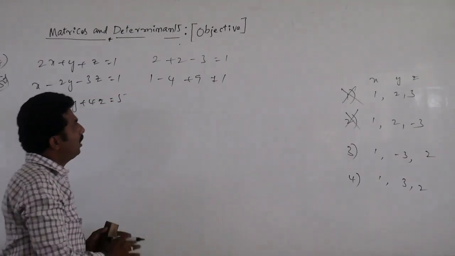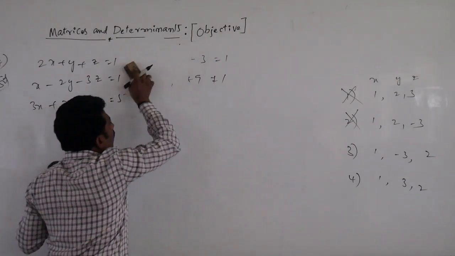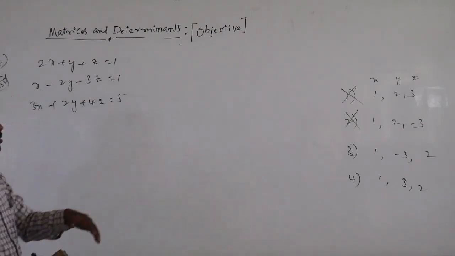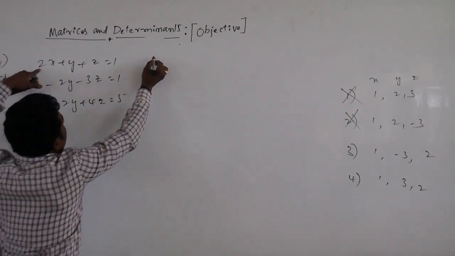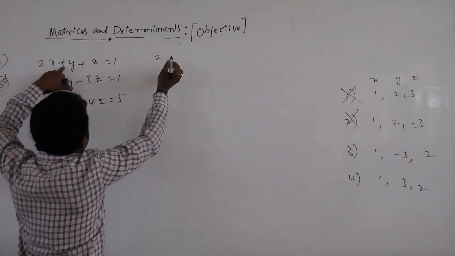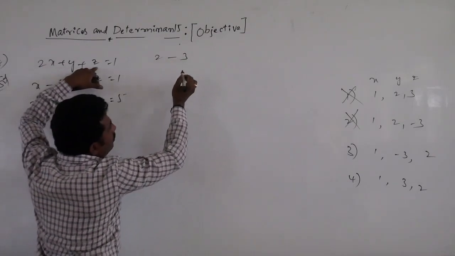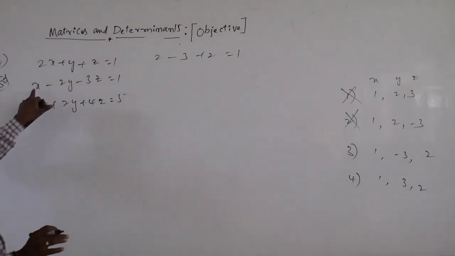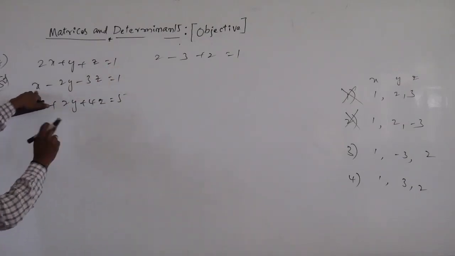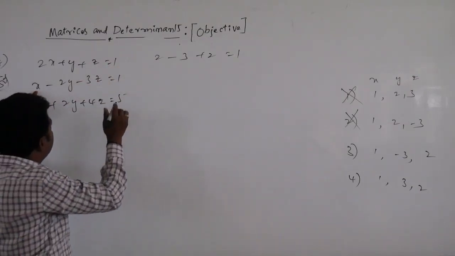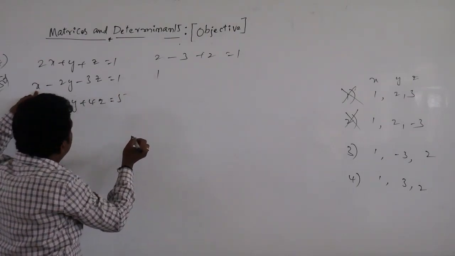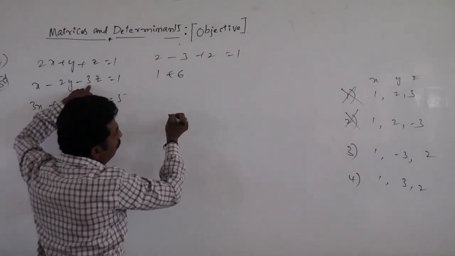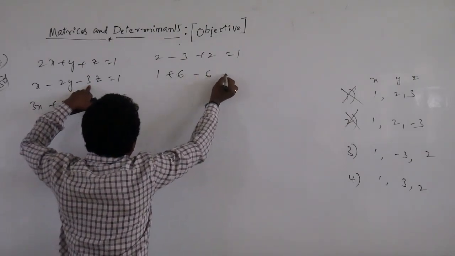So we'll choose the third option. For the third option, x value 1, y value minus 3, z value 2. X value 1 means 2, y value minus 3 means minus 3, z value 2 means 2. Yes, it is equal to 1. Same option we substitute in the second equation: x value 1 means 1, y value minus 3 means plus 6, z value 2 means minus 6.